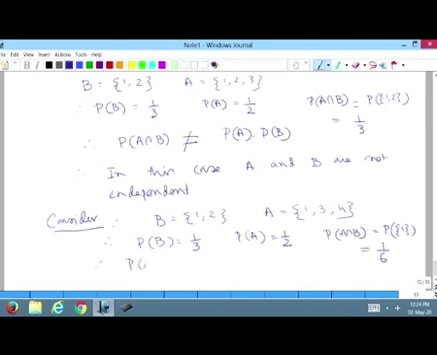Therefore, probability of A intersection B is equal to probability of B into probability of A.